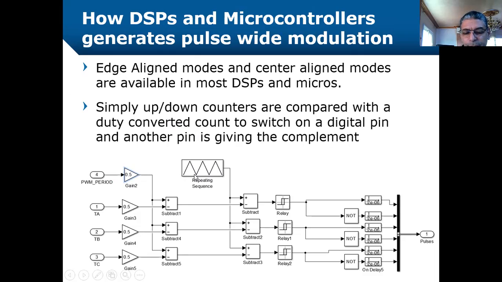And the duty, or the time for on, is pre-latched in some registers, and the count is always compared to the value in these registers, and when the count reaches the preset value for duty, then a digital bit is turned from off to on. So we finally get a pulse, and on the other channel we get the complement of this pulse.